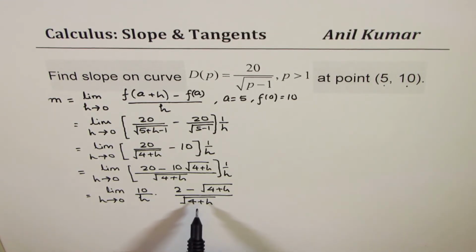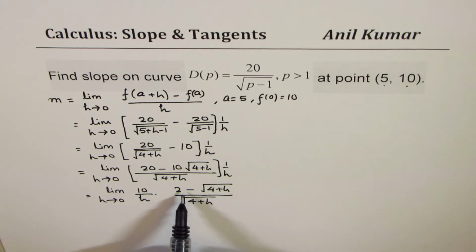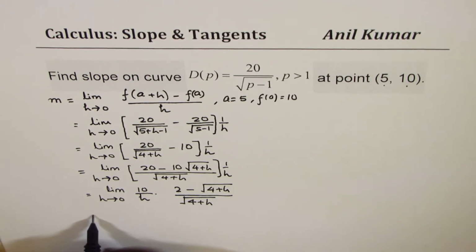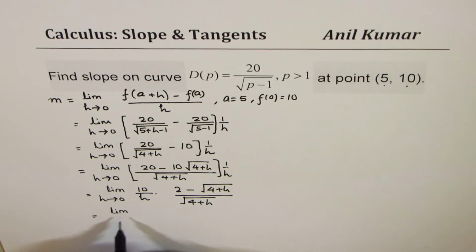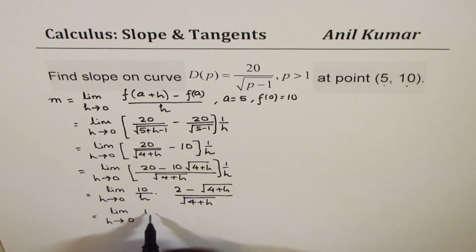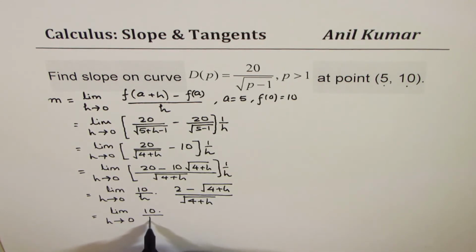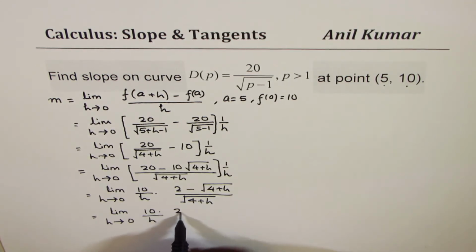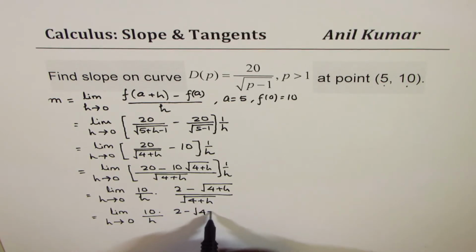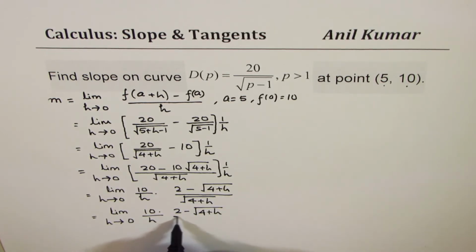Now at this stage, we can rationalize the numerator. So we write the limit as h approaches 0, 10 over h times 2 minus the square root of 4 plus h over the square root of 4 plus h.